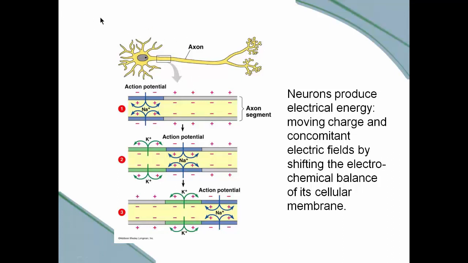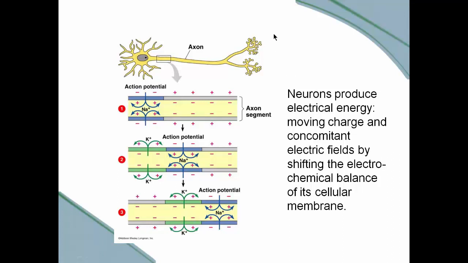So let's say that a signal comes into here, and the axon is fired, so that the action potential is now created and moves down the length of the axon off into these neuron buttons.